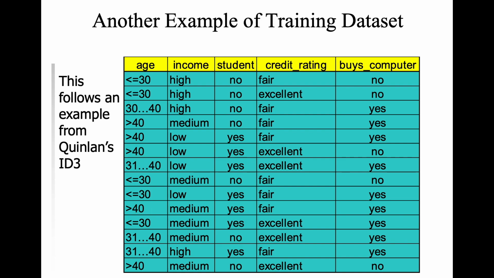So I could start with student, or I could start with the credit rating, or I could start with income. Deciding which of these attributes goes to our root node is something that we learn later today.